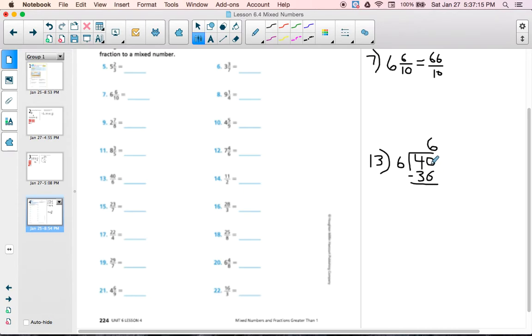Subtract. I know that the difference between 36 and 40 is 4. And then all you have to do is write the divisor underneath. So the final answer is 6 and 4/6.